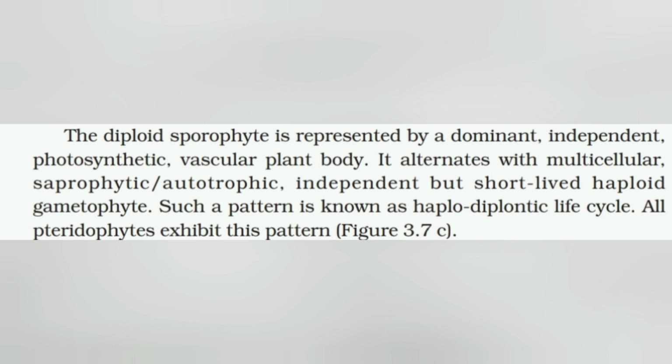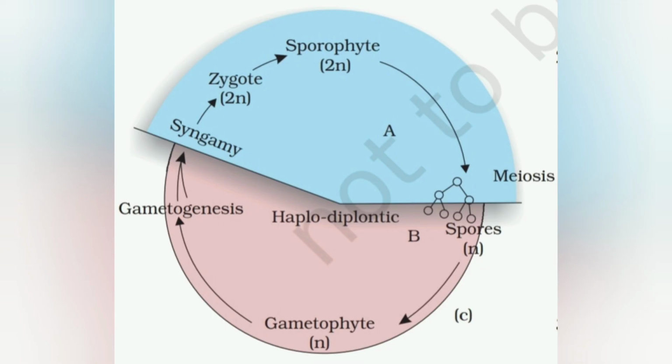Here we can see in the diagram also that there may be a short-lived sporophyte in some conditions and a dominant gametophyte, while in others a dominant sporophyte and short-lived gametophyte. So this represents that both the stages are of equal importance and independent survival.